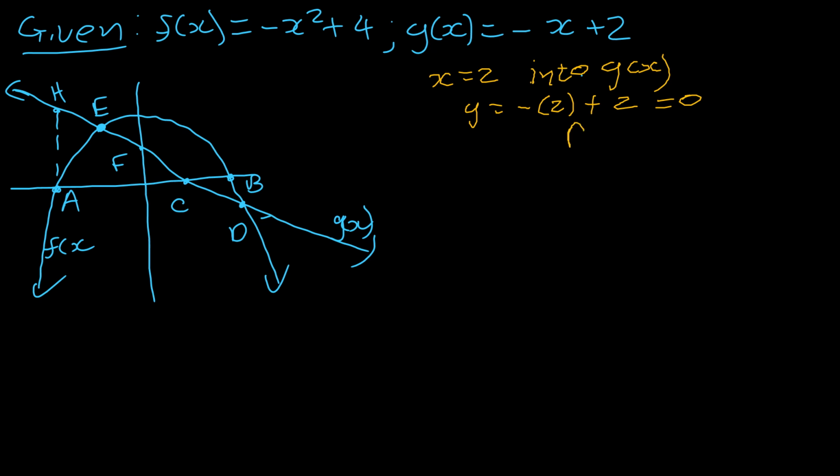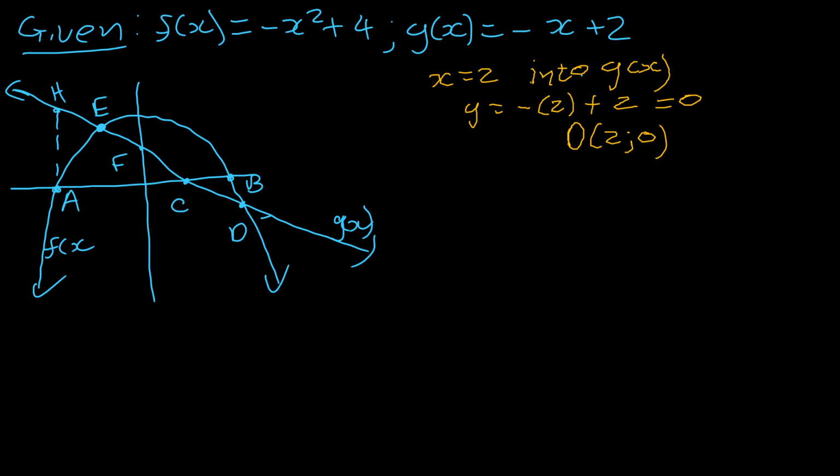So the coordinate of D would simply be 2, 0. And that was it. Since they were points of intersections, you equate the functions and you get the x values, substitute them in, and get the y values.